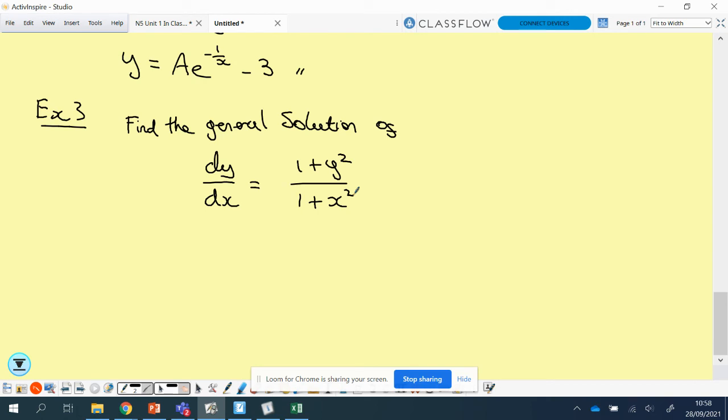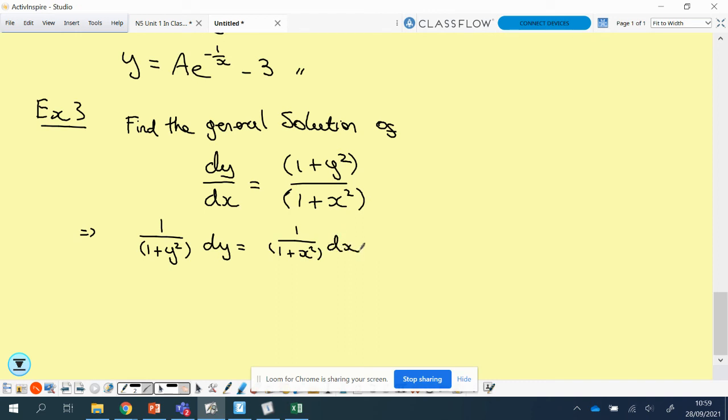Right, so let's try and get all the y's to one side, all the x's to the other side. So again, if I think about it as a group, I'll group that together, I'll group that together so that I'm keeping that with the y squared and that with the x squared. If I bring this over, it's on the top of the fraction this side, so when it comes over, it's going to be on the denominator, it's going to divide, so therefore I'm going to get 1 over 1 plus y squared dy equals, I'm left with 1 plus x squared on the bottom there, dx.